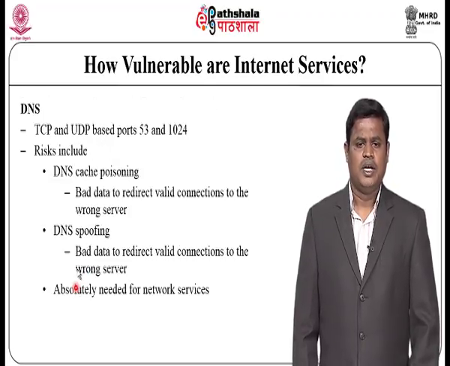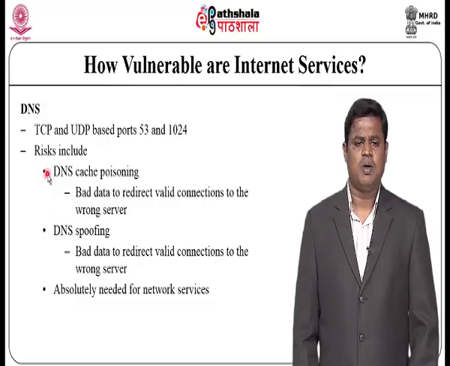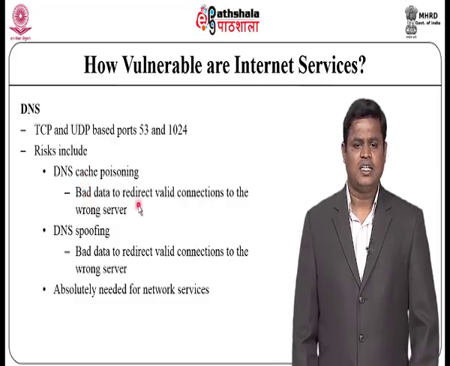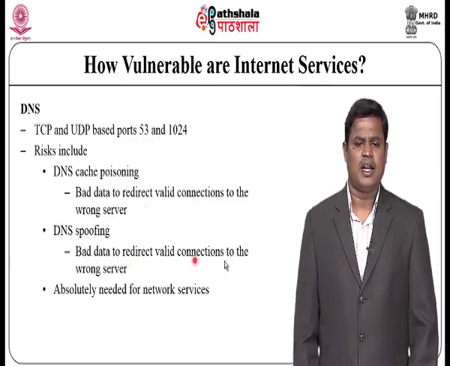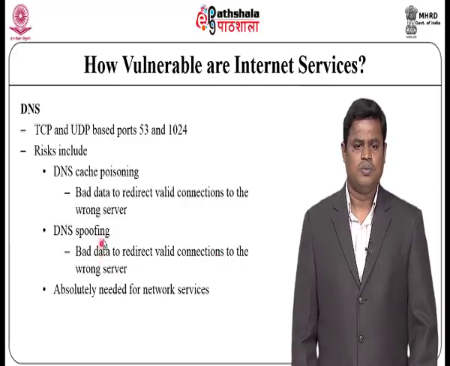So, DNS, again we can see some of the risks related to DNS. We have DNS cache poisoning and DNS spoofing. Here we can poison the cache information and redirect valid connections to the wrong server, and with spoofing they can use bad data to redirect valid connections to a wrong server.